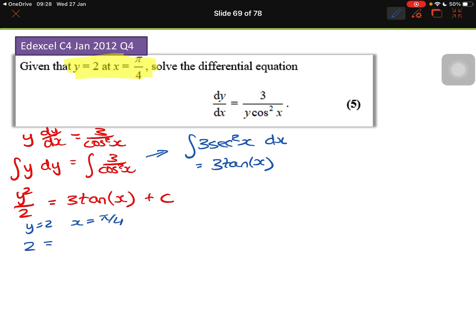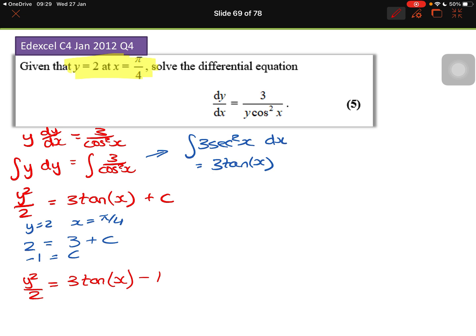So we end up with 3 plus c. So it means c must equal minus 1. So we can rewrite this as y squared over 2 equals 3 tan x subtract 1.